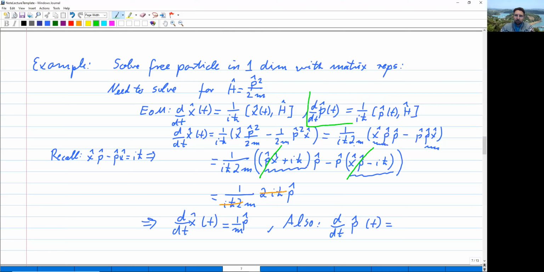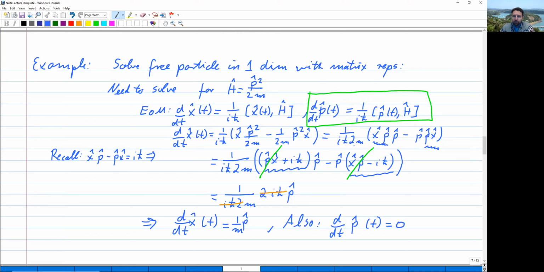Okay, so if we want to evaluate what this commutator is, well, what is it? It's a commutator between p hat and p hat squared. But of course, p hat is commuting with p hat. It's the same thing, right? So clearly the right-hand side is 0.